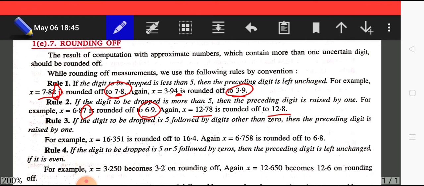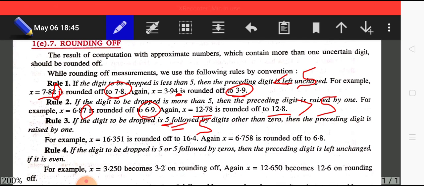If the digit to be dropped is 5, because these two cases we have discussed are for less than 5 and greater than 5, but if it is equal to 5, then we observe the digit preceding it.